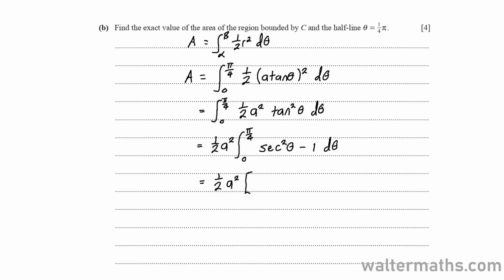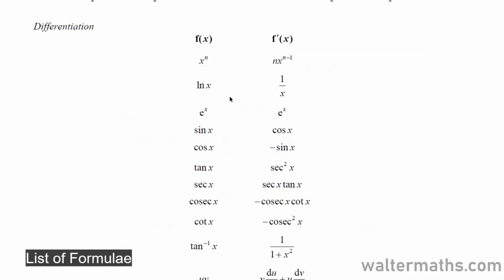Now, for the integral of sec squared theta, if we go to the list of formulae, under differentiation, you find that if f of x is tan x, then f prime of x, which is the derivative, is sec squared of x. Which means if we do the reverse, which is integration, if we integrate sec squared x, we should get tan x.